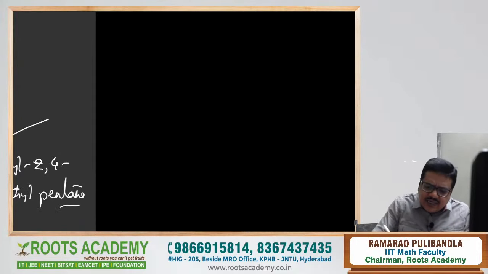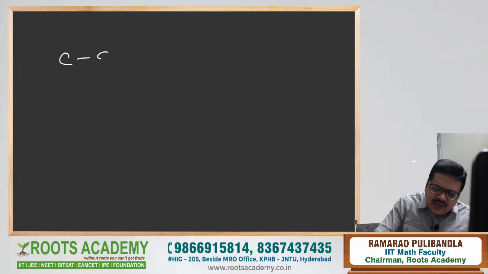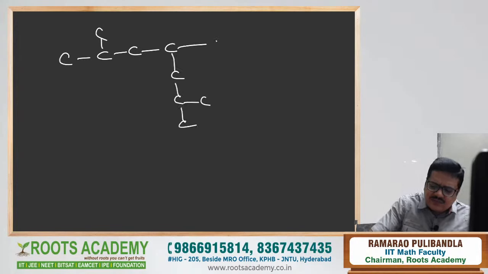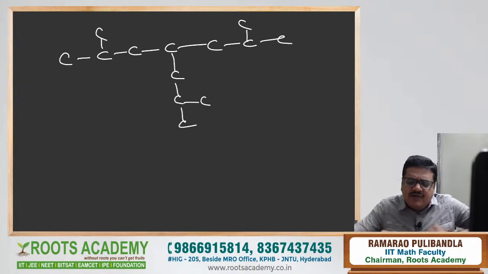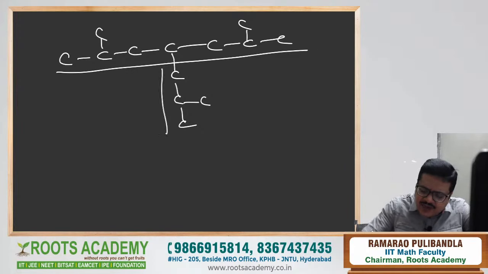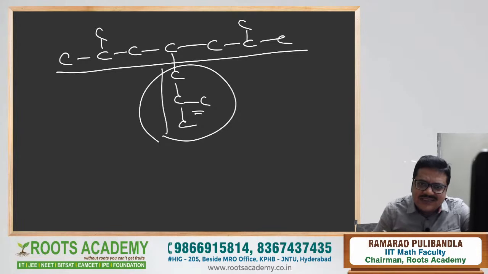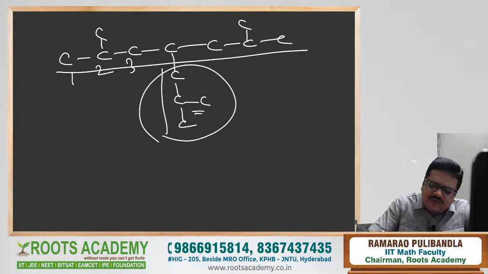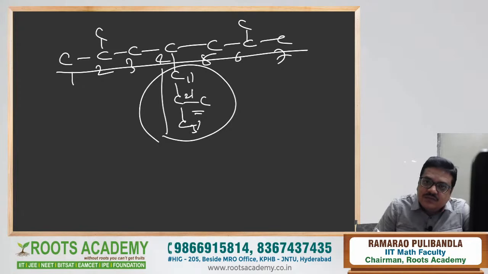Similarly, if a compound is given like this, whenever a branch has another branch, then its name is written inside the parenthesis bracket. So 1, 2, 3, 4, 5, 6, 7. At fourth place, again 1 dash, 2 dash, 3 dash.